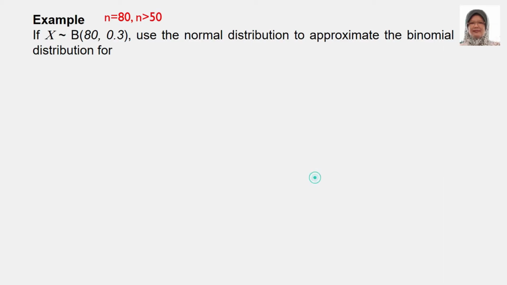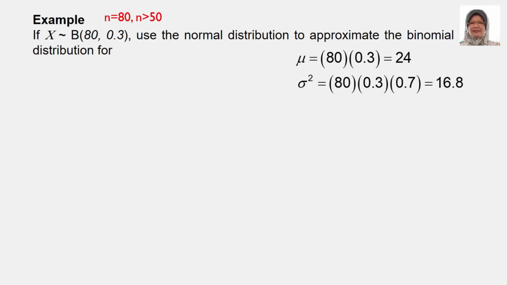Mean equals 80 times 0.3, we get 24. Variance equals 80 times 0.3 times 0.7, equal to 16.8. So we write X has a normal distribution with mean 24 and variance 16.8.